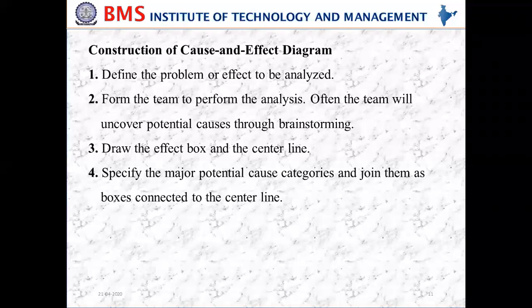First you need to define the problem or effect to be analyzed. As I told you, in the class we discussed results. Say for example, the failure of a particular subject. What are the causes for failing that subject? What are the major problem areas that cause this failure? That is defining the effect to be analyzed.